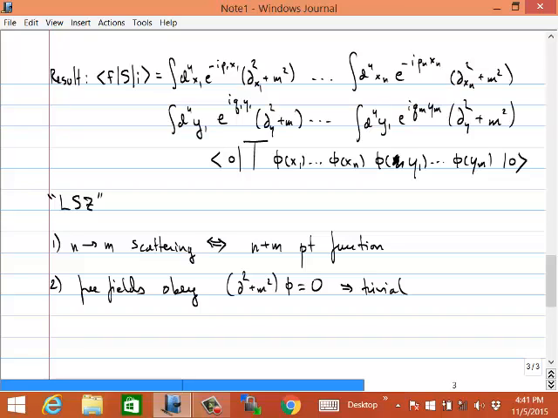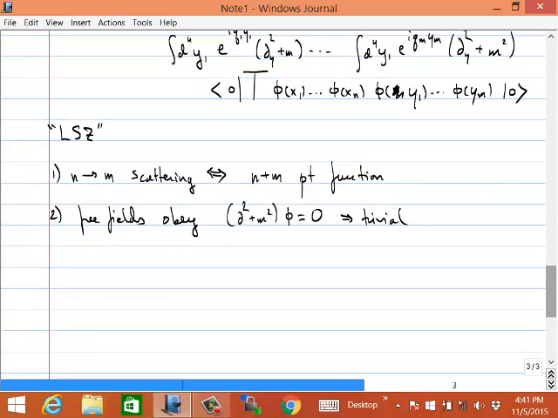So let's just do a simple example just to make sure that we understand exactly what's going on. And then I'll work out a slightly more sophisticated example later on in this class. So let's just do the very simple example of the computation of, say, a scattering amplitude.